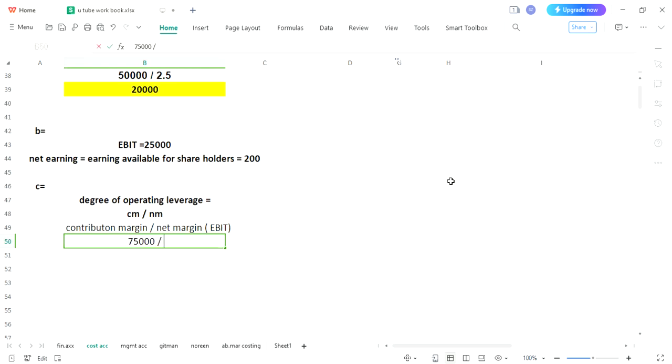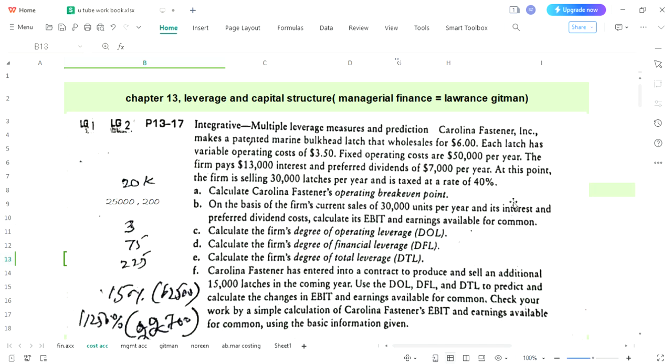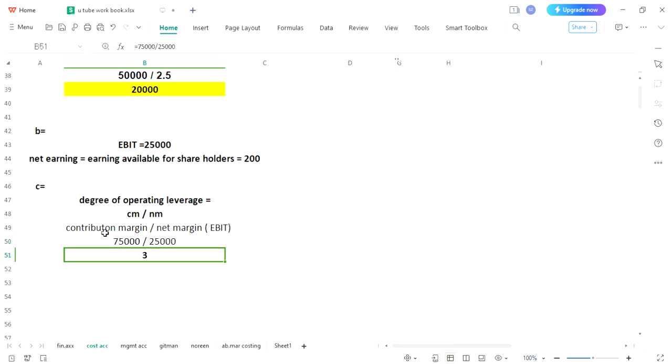So you can post 25,000 over here. The statement is completed. Let's put it on our calculator. We have got 3 as the degree of operating leverage. Go back to the question. At point C, degree of operating leverage, the answer is 3, and we have also calculated 3. It means part C is also completed. Let's mark it as done.